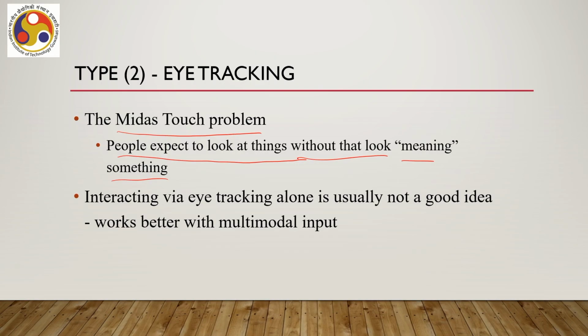So, eye tracker based systems typically suffer from this issue. Generally, it is not a good idea to use eye tracking alone as an input to interact with the system. Instead, it works better when other forms of inputs are also used. So, multimodal input is preferable over only eye tracking based input.